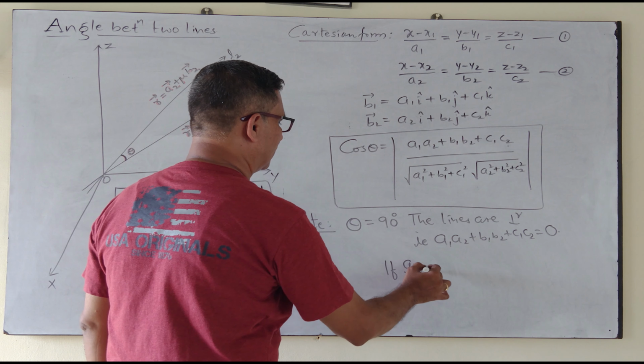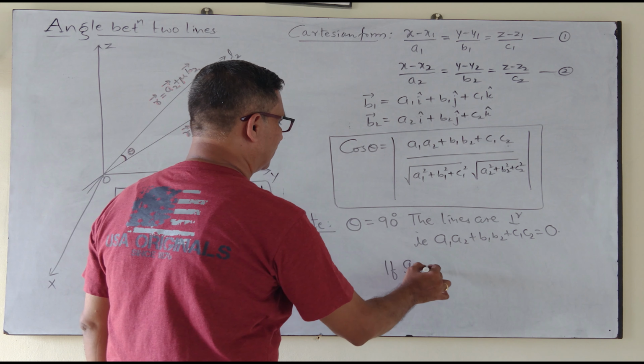First problem, vector r is equal to 3i plus 2j minus 4k plus lambda of i plus 2j plus 2k, and r is equal to 5i minus 2j plus mu, another constant. Instead of lambda, here mu is also a constant, mu into 3i plus 2j plus 6k. Now how to solve?